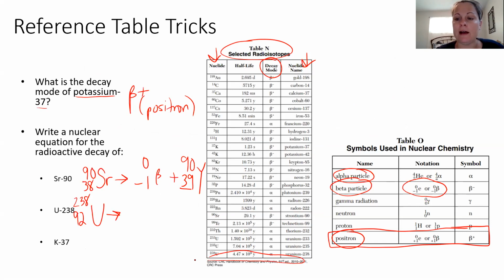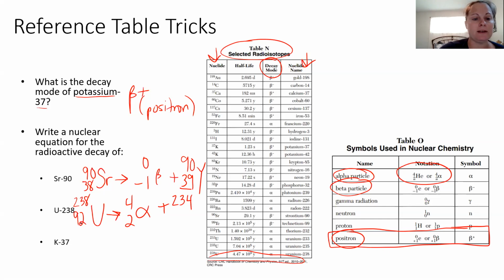How do I write an alpha particle? One of these two symbols. Makes no difference, so this time, just to mix it up, I'll write an alpha symbol. You could have written He. My last step is to figure out what new isotope it would form. 238 minus 4, my new mass is 234.